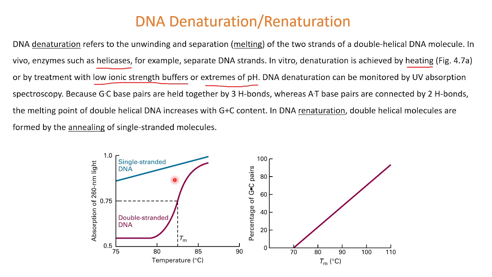And when you plot the percentage of GC pair versus Tm, you can tell that with the increasing percentage of GC pair, the Tm also is increasing. Okay, so these are the two graphs which help you to monitor the DNA denaturation.